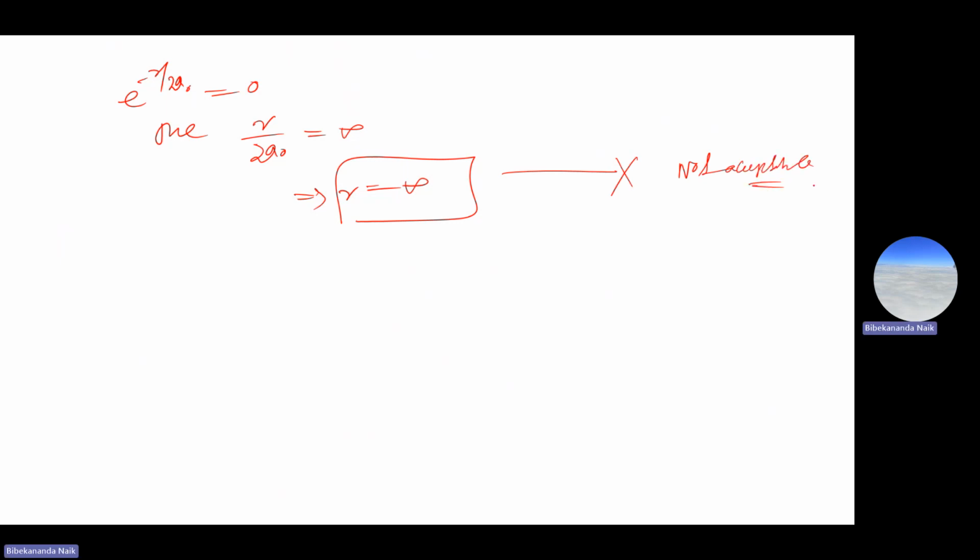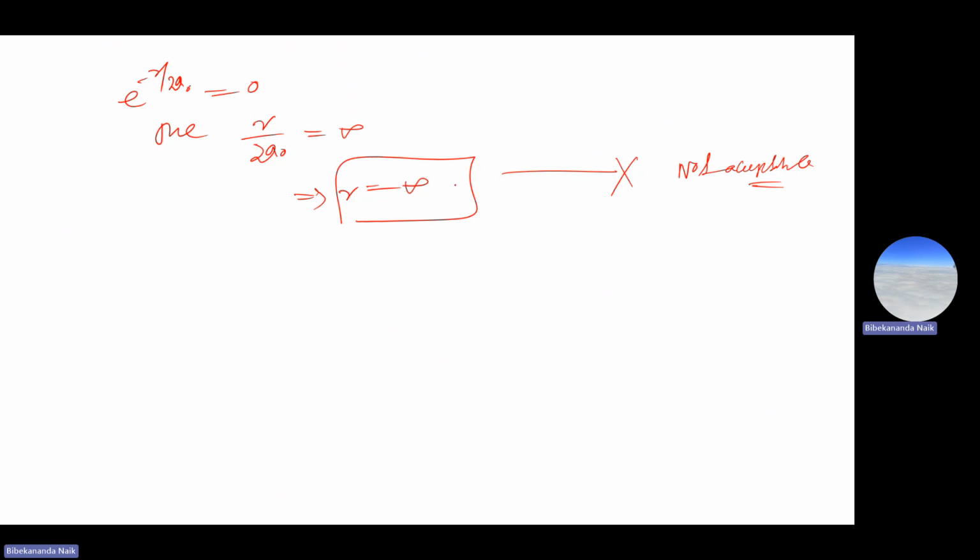because according to the feasibility of the wave function, in order to be an acceptable wave function, the value of the wave function is 0 at r equal to infinity. So r equals infinity is not acceptable here, and in this question we need to find the maximum of the wave function.